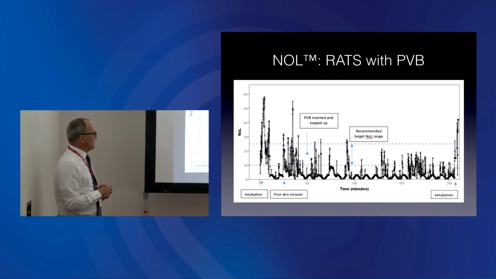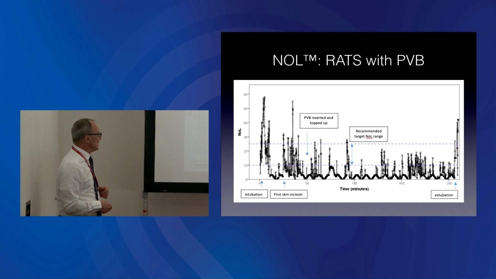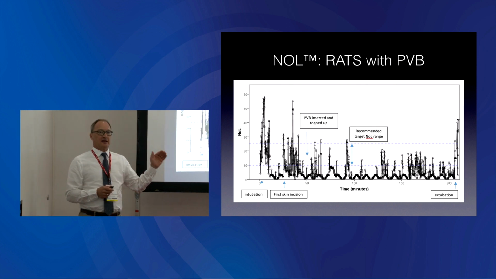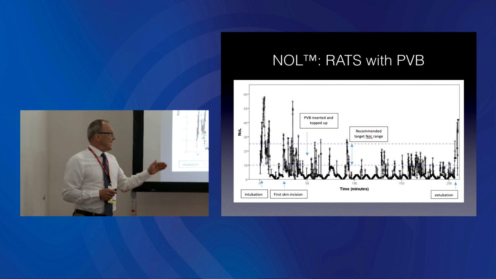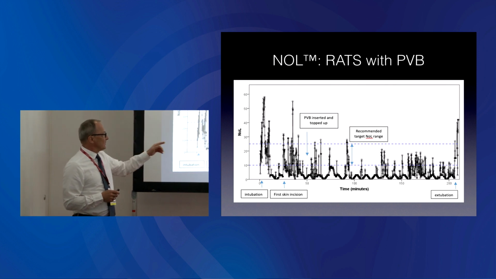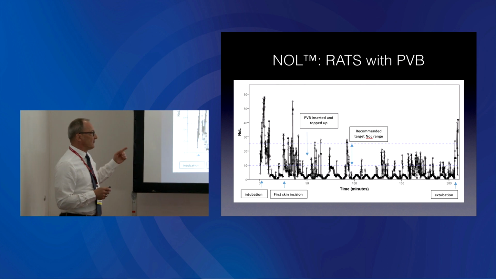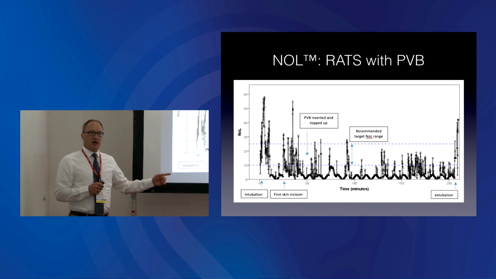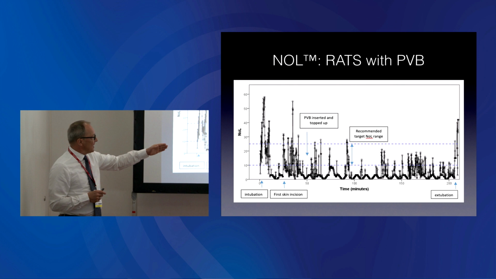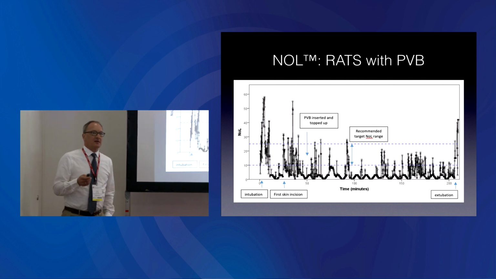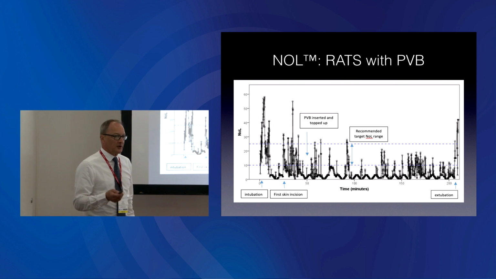And then you can see the paravertebrals are inserted and they're topped up at this point. And from there onwards, you can see a fairly settled operation. This was a 200-minute operation, but some of them are much longer. And this is what I believe is quite a satisfactory course, and that was replicated in the clinical appearance and in the standard assessment, what you would normally do.